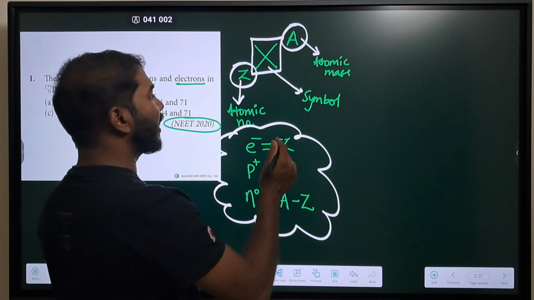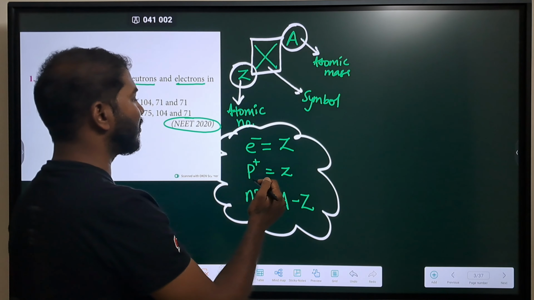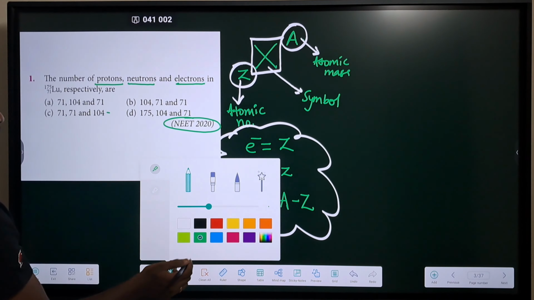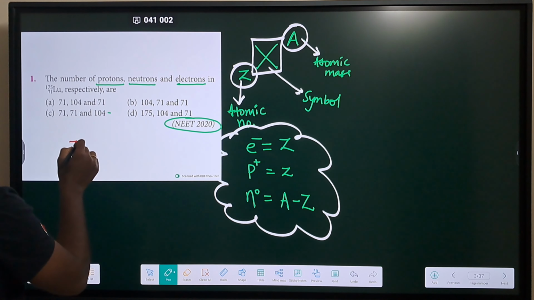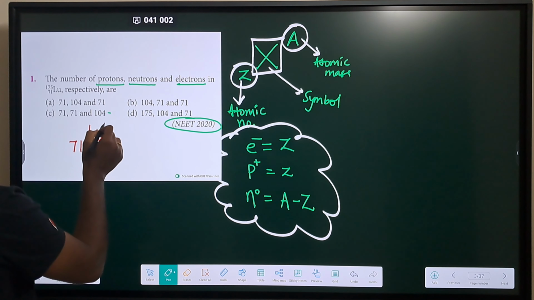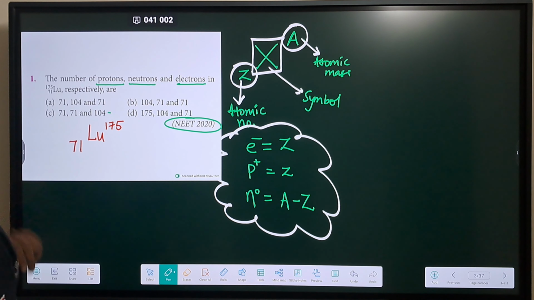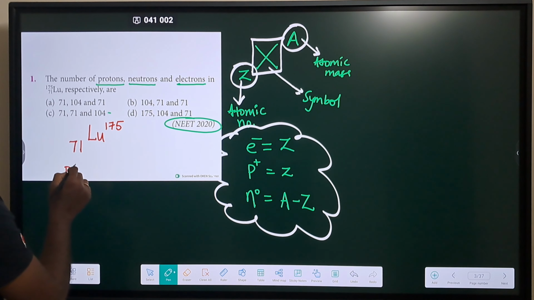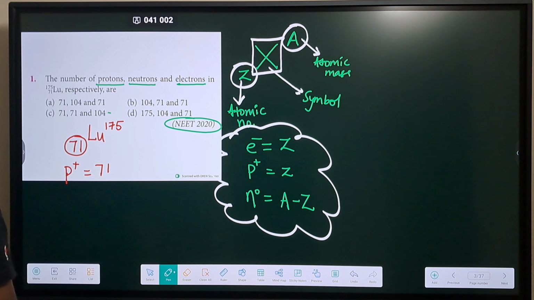Keeping this point in mind, they have given lutetium. Please try to observe here. They have given lutetium 71, 175, and they have asked first of all for protons. Protons represent the atomic number, so its atomic number is 71, so protons will be 71.